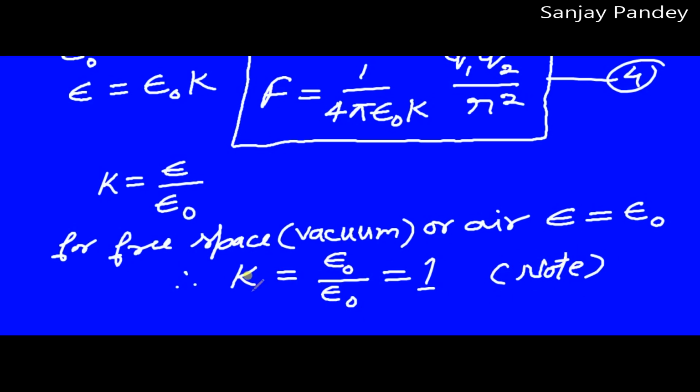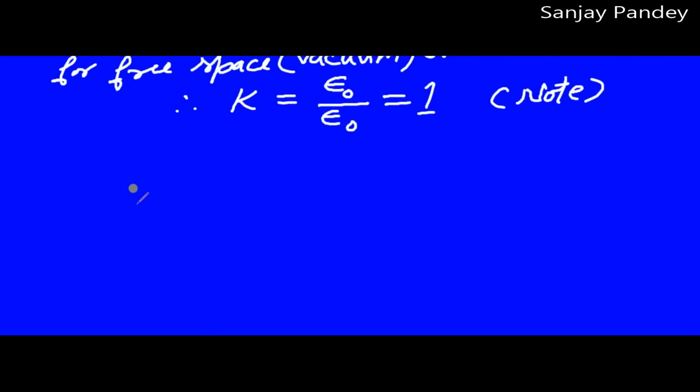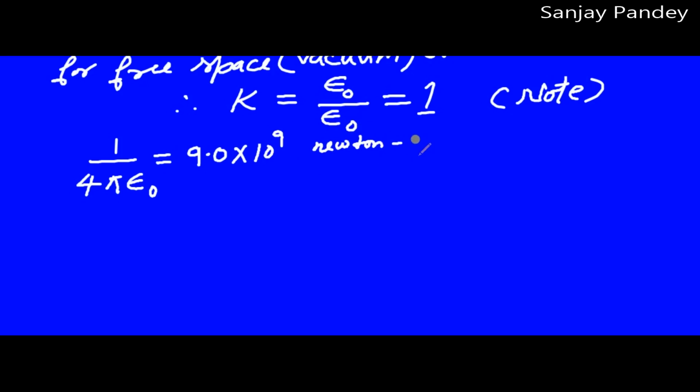Note. As we know that 1 upon 4 pi epsilon naught is equal to 9.0 into 10 to power 9 Newton meter square upon Coulomb square.